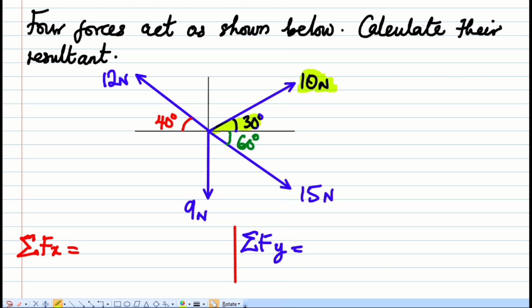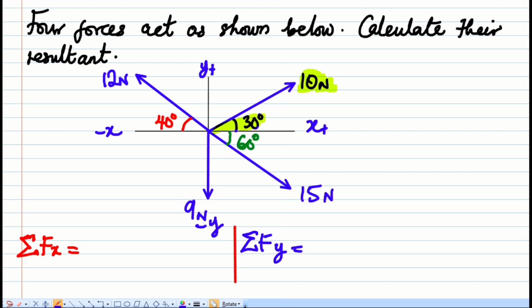Alright, so resolving it now into the vertical and the horizontal components. First of all, the horizontal component is always associated with cosine. Now, another thing I forgot to mention is that we put signs to these. So this is the positive y-axis, this is the positive x, this is the negative y-axis, and this is the negative x. So you take the sign along.